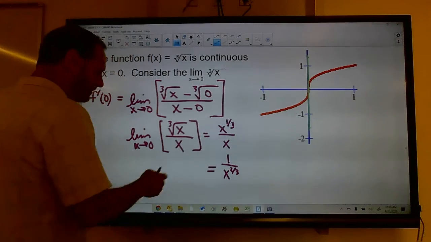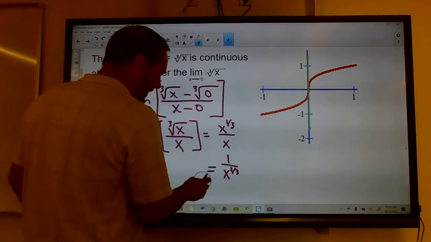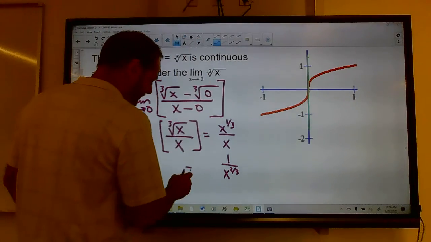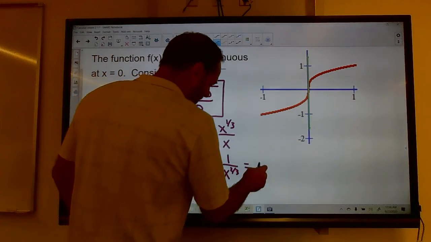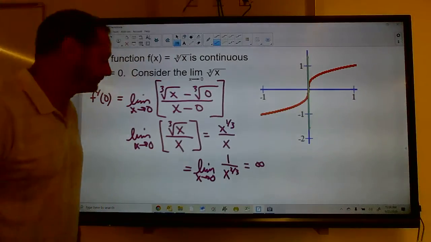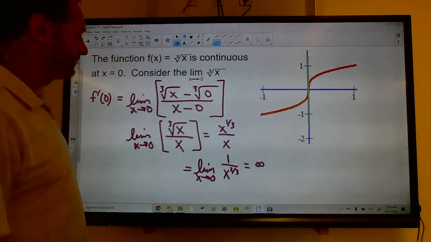And then I can take the limit as x goes to 0, and if I do that, it's undefined. So you can see that this has a vertical tangent line right there.